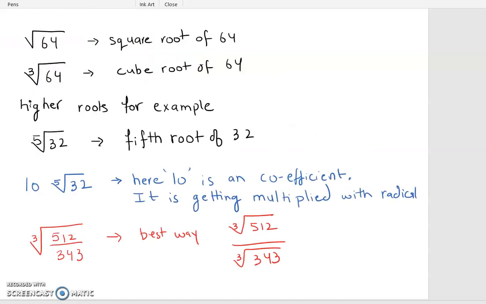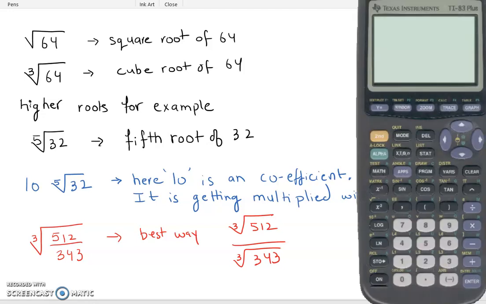I have some examples from the lesson that we will learn how to find using the calculator. The calculator that I have a computer version of is a TI-83 Plus. You can use a TI-84 or TI-85. The functionality is almost the same.